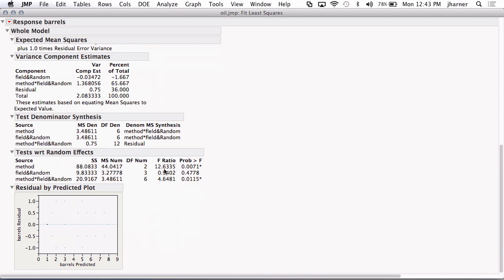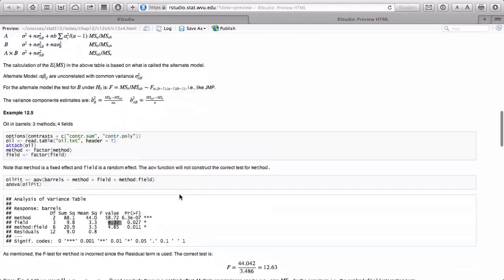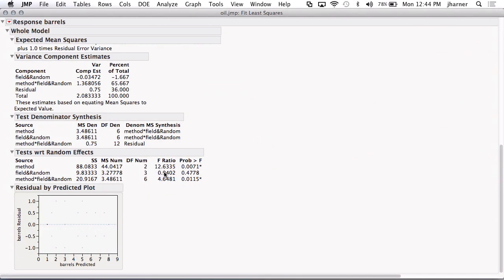If I go back, notice that method has a 12.6. Let's see if that's the same as, yeah, that's the 12.6 that I had to recompute because R didn't compute it correctly. So these are the tests using the alternate model.